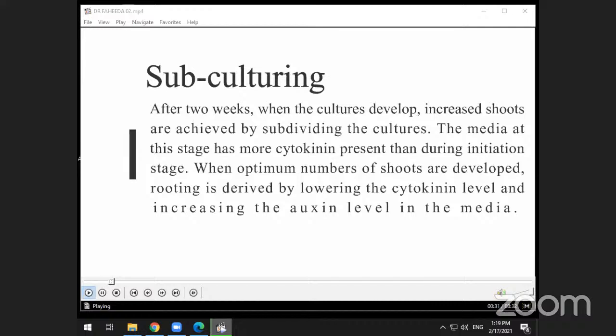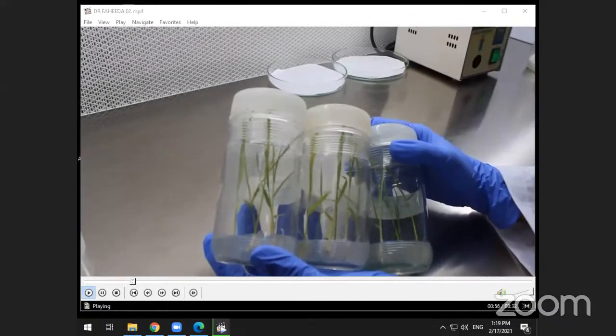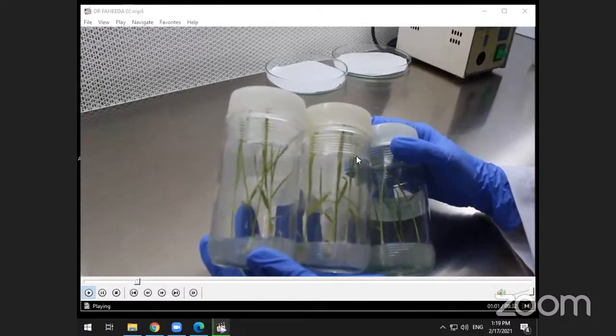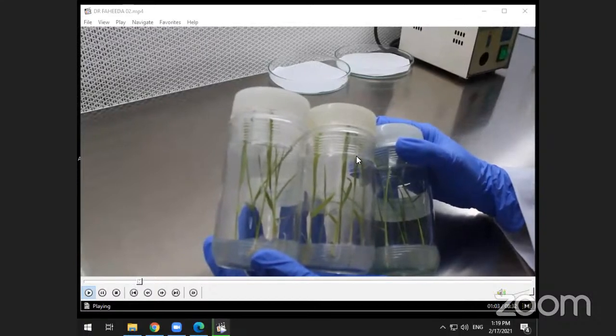When optimal number of shoots are developed, rooting is derived by lowering the cytokinin level and increasing the oxygen level in the media. These plants are now ready to be subcultured in fresh media with specific hormones.